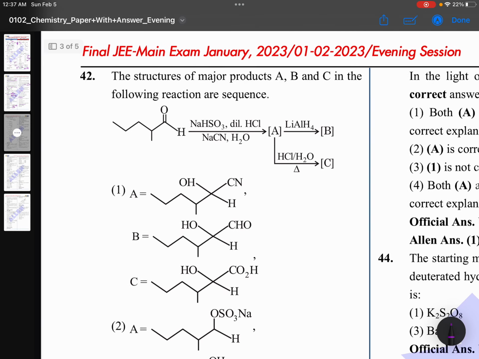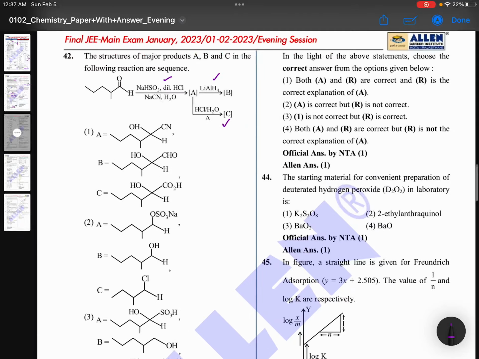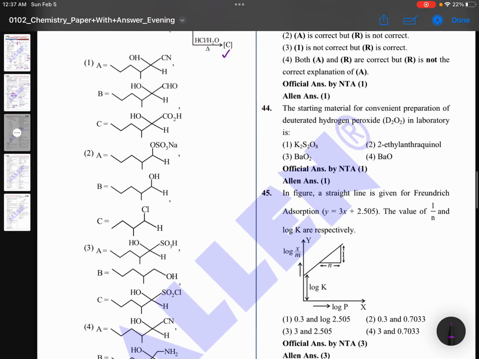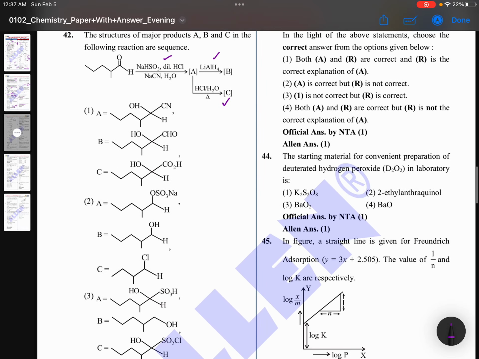The structures of major products A, B, C in the following reaction sequence are: first using NaHSO3, dilute HCl, NaCN, H2O, then lithium aluminum hydride, then HCl and H2O. The answer given is 4. First NaHSO3, dilute HCl, NaCN. NaCN means you are adding HCN.